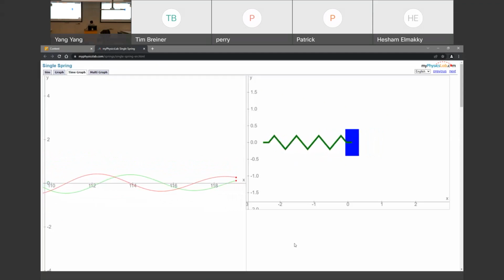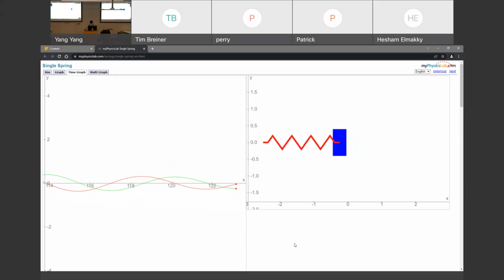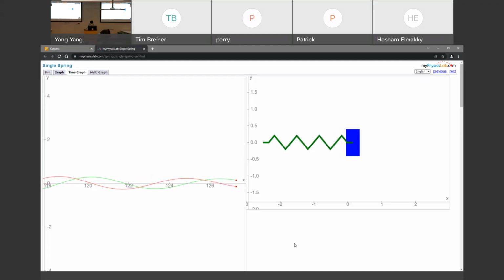So the amplitude of the sine wave becomes smaller and smaller, and if the time is infinite, the displacement should go to zero.